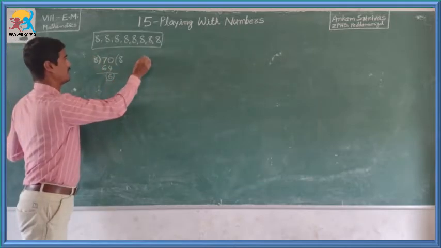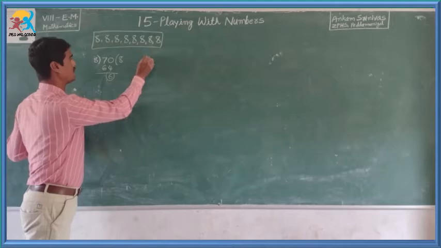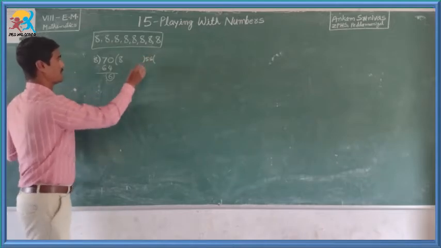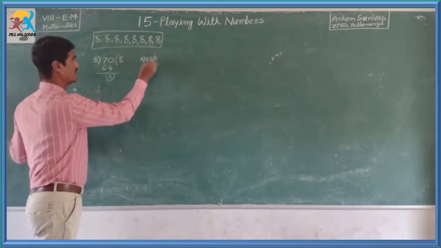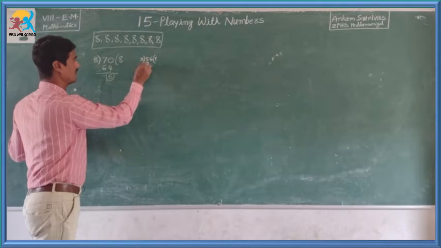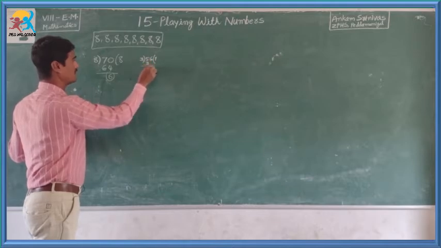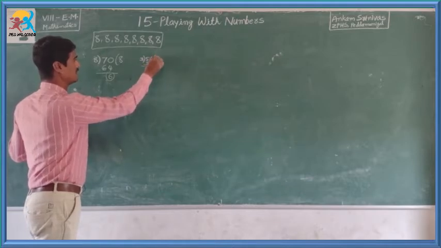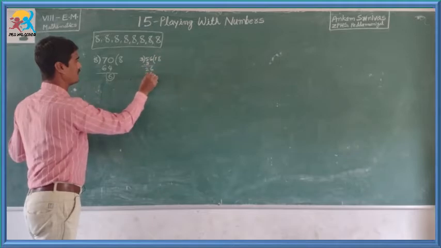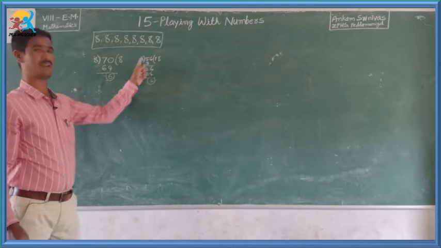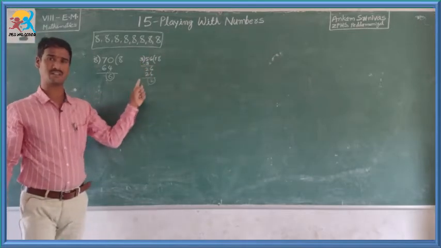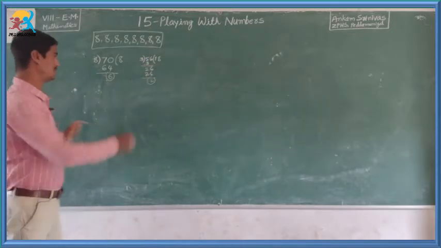Suppose I divide 56 by 3. 3 ones are 3, and 5 minus 3 is 2. 3 eights are 24, remainder is 2. When 56 is divided by 3, the remainder is always less than 3.